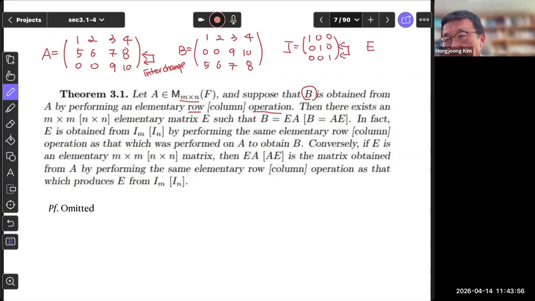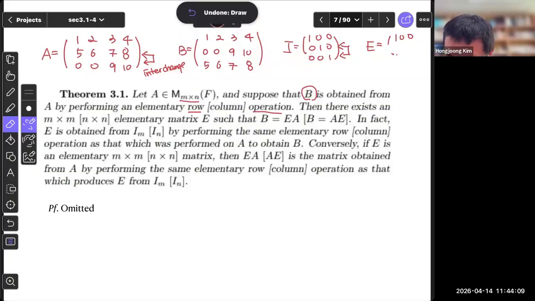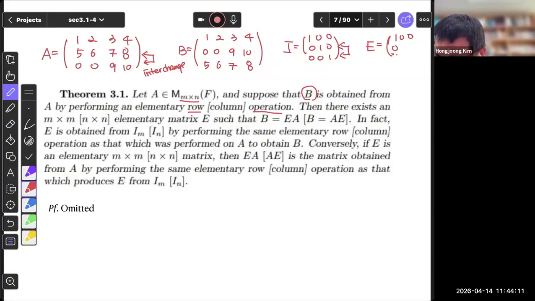What will be the corresponding elementary matrix? You get 1, 0, 0, then 0, 0, 1, and 0, 1, 0. That is the elementary matrix corresponding to that interchange operation.